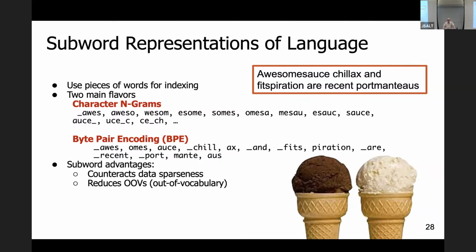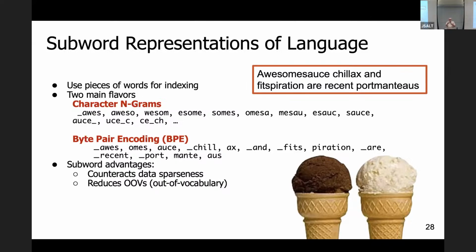Subwords have some real advantages over other kinds of tokens. They counteract data sparsity. If you're training on some collection, and you have very few occurrences of some term, or some word that's out of vocabulary, it's just not in your collection, what do you do?